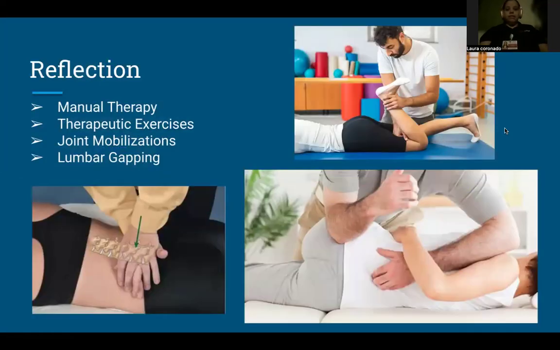So a little reflection for my case. Looking back at this case, I loved to be able to see the change in my patient. She came in very defeated and she was just very vulnerable. But then immediately after our first session, you could see a little bit of a spark in her eye, like wow, I'm already feeling so much better.